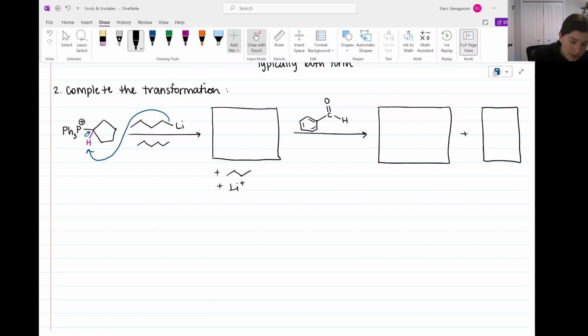Hexane here, this is our solvent. So hexane solvent, butyl lithium, removes a hydrogen, and we form the ylide. So we still have our positive phosphorus, and now we have a negative carbon with a lone pair of electrons.